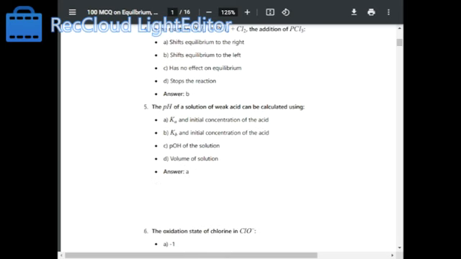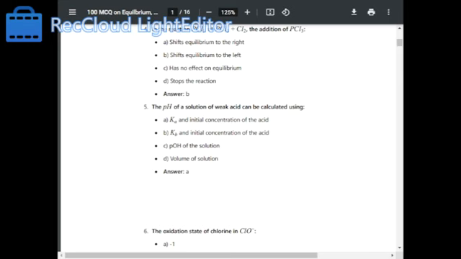Question number 5. The pH of a solution of weak acid can be calculated by using: option A, Ka and the initial concentration of the acid; B, Kb and the initial concentration of the acid; C, pOH of the solution; D, volume of the solution.